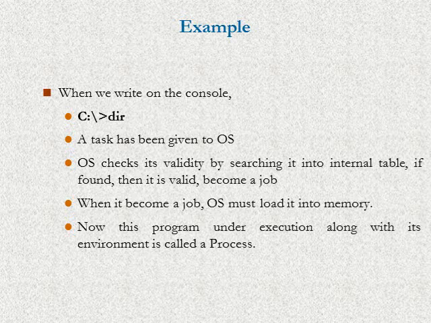Then, if you realize that now you should do it because you want good grades or you want to understand the concepts lying behind these things, then it becomes a job for you. A task becomes a job when you realize that it's a valid thing to do. Once you start doing it, it becomes a process. We have task, it becomes a job, and then it becomes a process.